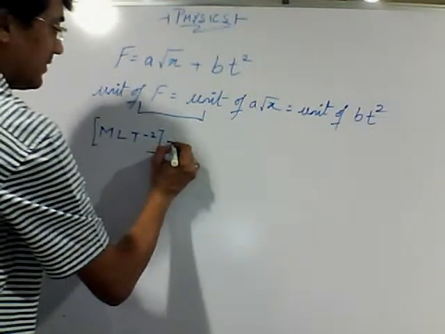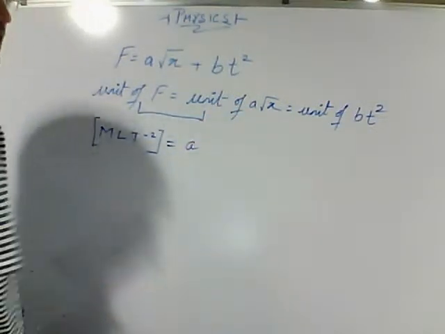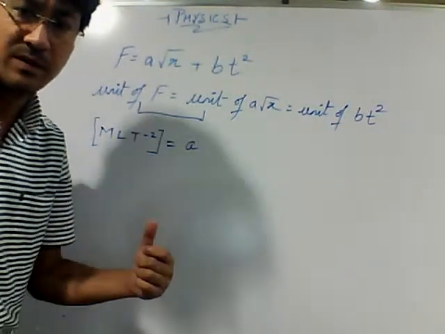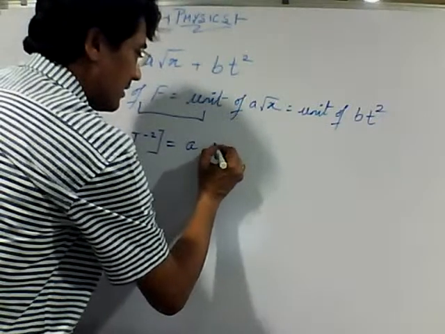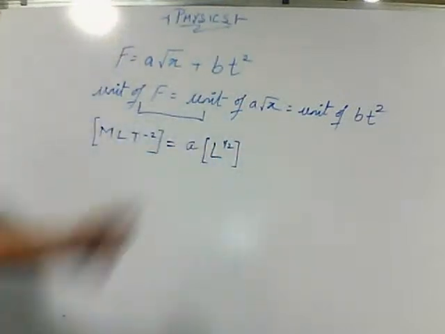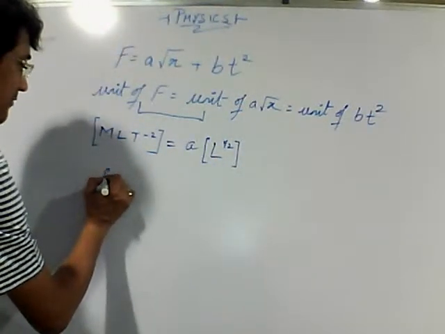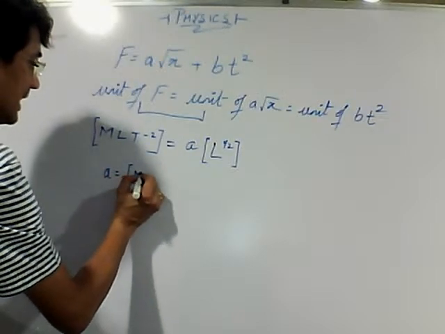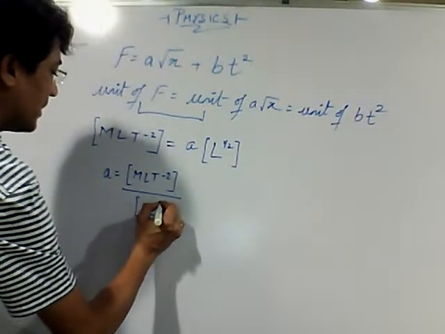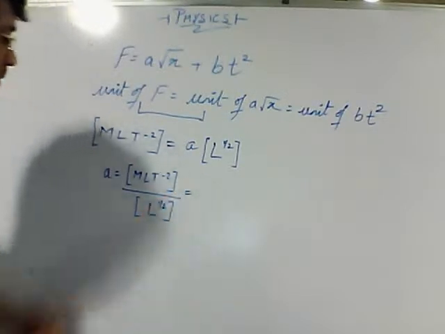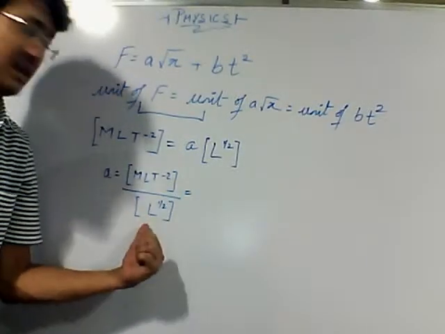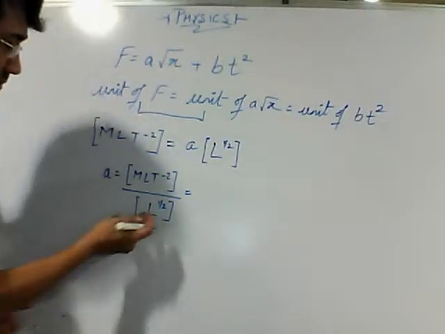What is the dimension of a√x? We need to find out the dimension of a. Now x is displacement, and displacement is length, so √x is L power 1/2. So I have a as MLT^-2 divided by L^(1/2). If L^(1/2) goes into the numerator, it will be L power minus 1/2.